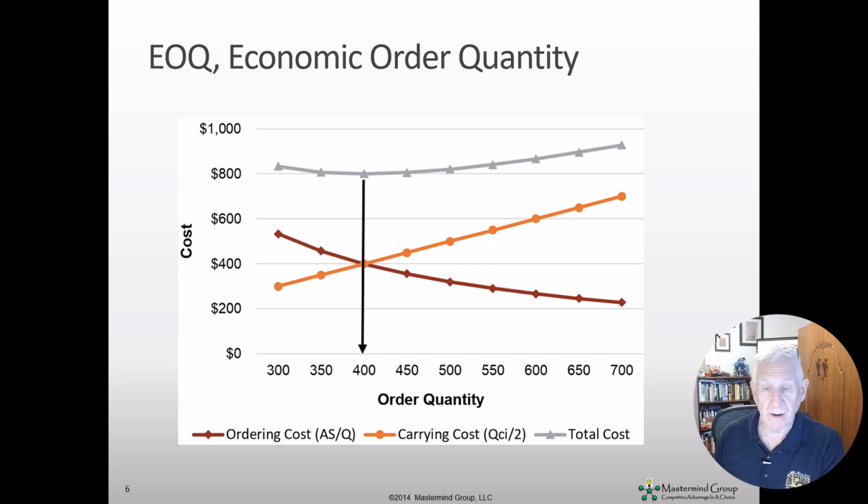So average over time. As we have a larger order quantity, we're going to order fewer times, so the order cost will go down. When you add these two parts together, we get the total cost, and our goal is to find the least total cost. So in this case, that would end up being an order quantity of about 400, which is the smallest least total cost. Now, how do we arrive at that?